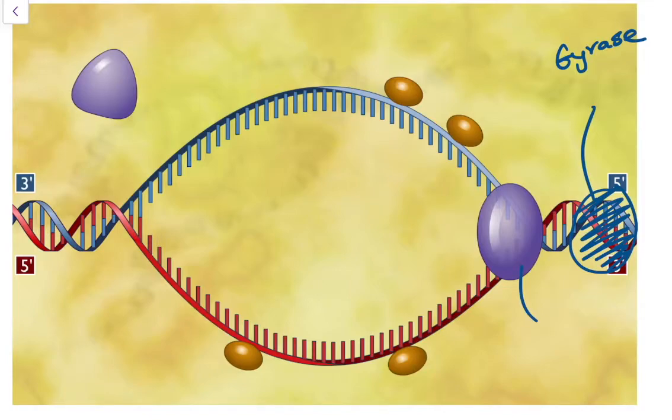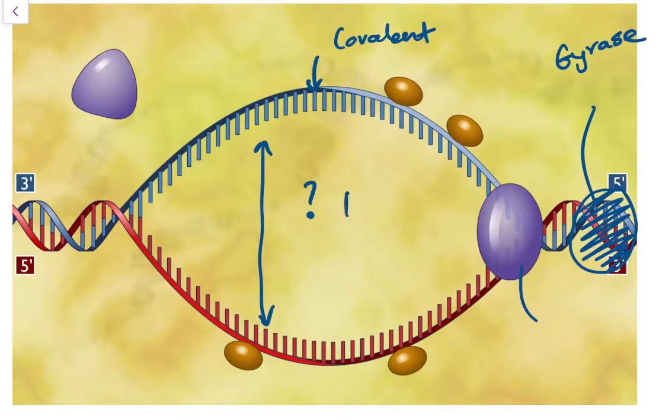So it's unwound it, and now we've got this separation between them. So how could it have done this? What was holding together the DNA? Well, holding together the DNA down the backbone is covalent bonding, but in between was hydrogen bonds. So this protein is called helicase because it was to do with the idea of unwinding the helix.